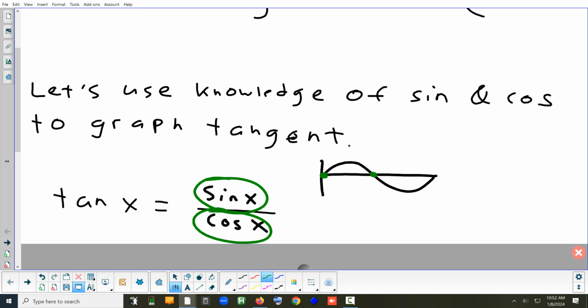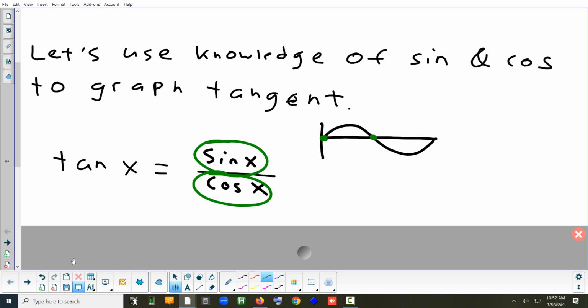Now, let's think about the bottom. Cosine, we generally draw like this. How many times does cosine cross the x-axis per cycle? Two times. And again, where something crosses the x-axis, the y value is 0.